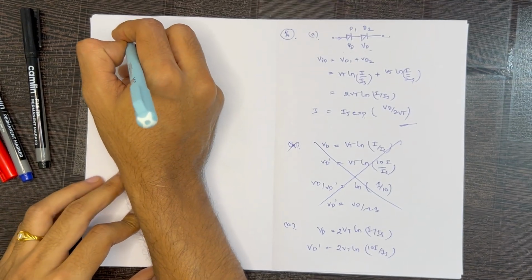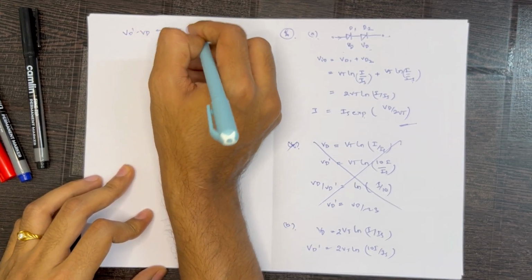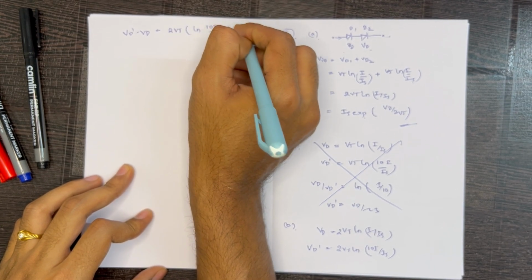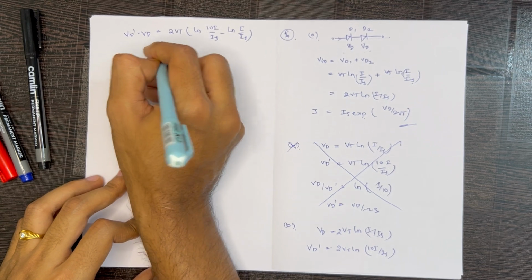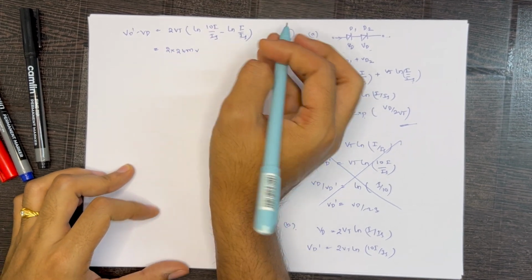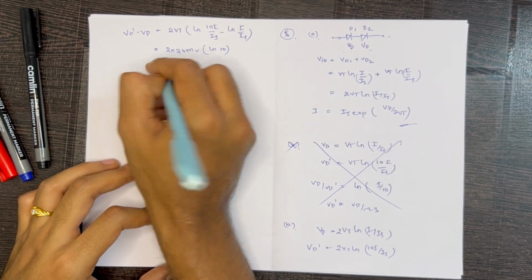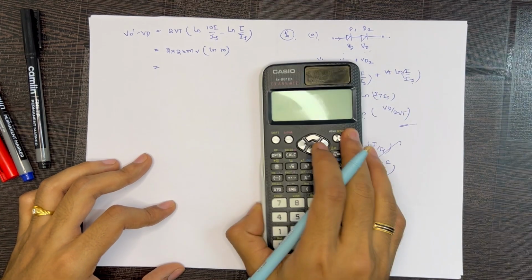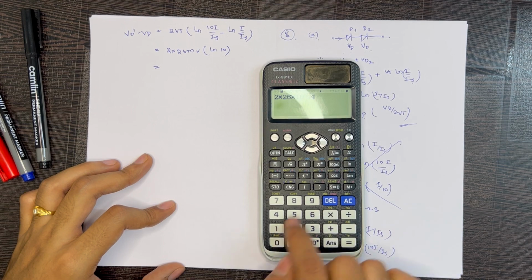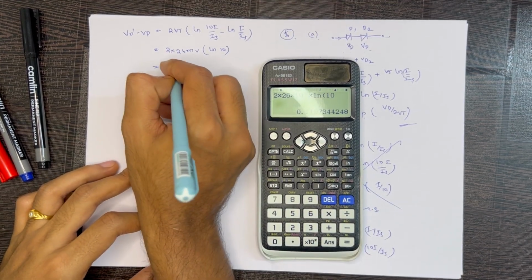VD dash minus VD equals 2 VT of ln 10 I by IS minus ln I by IS. We get 2 into 26 millivolt into ln 10. So this should give 120 millivolt.